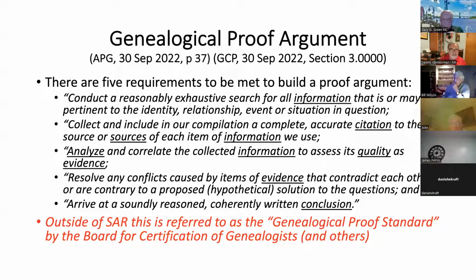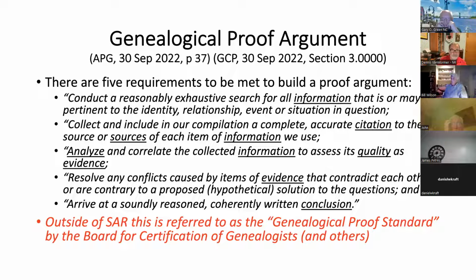The underlining is mine again. It covers the stuff we've gone through and those various terms that we use. People ask me often, what is a reasonably exhaustive search? How many pieces of information or documents or evidence do I have to have for a reasonably exhaustive search? Well, there is no number.